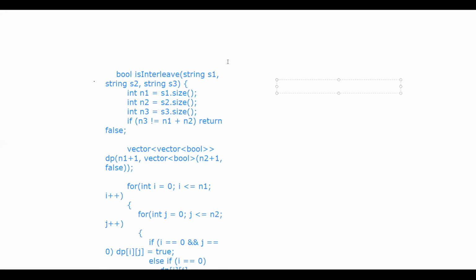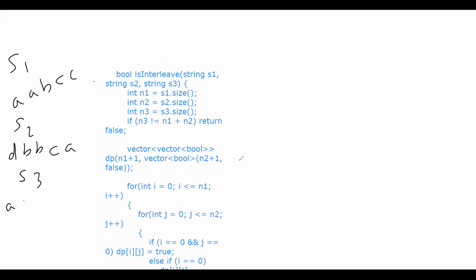Yeah, sure. S1 is double A B double C, and S2 is D double B C A. And S3 is double A, D, double B, double B, C, B C A C. Okay.